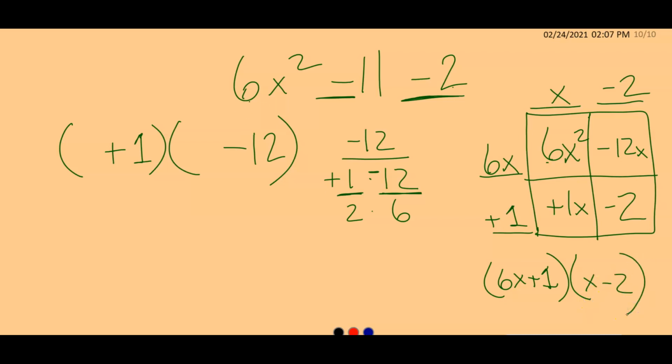And if you multiplied this out, you would see that when you multiply these two together, you get negative 2. Okay, so C turns out right. And negative 12x plus 1x does give you negative 11. So let's see how we solve this and get the same answer using the vary method.